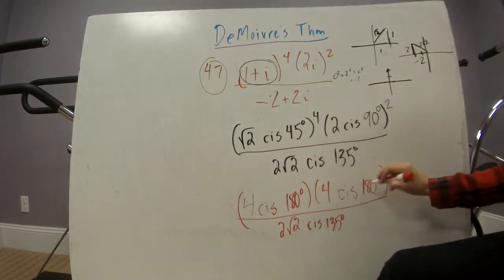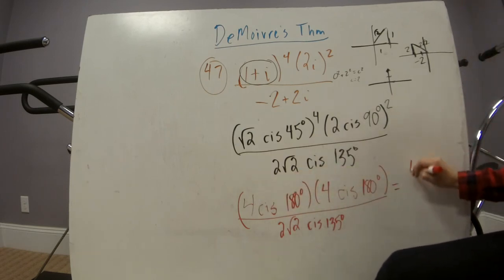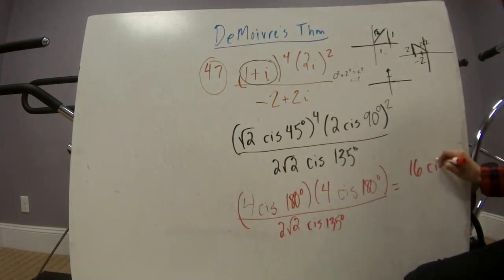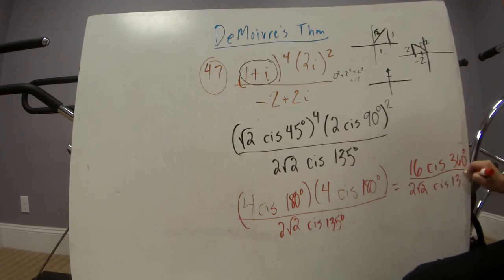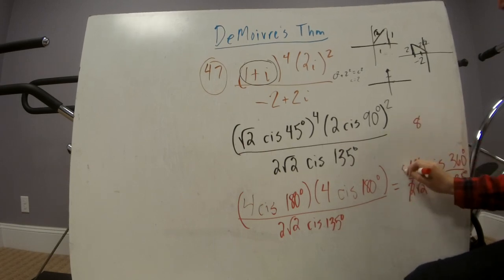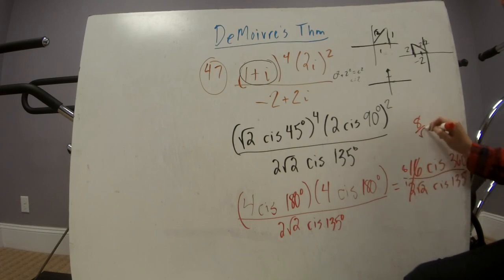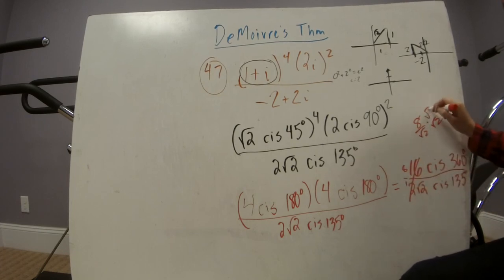Now we multiply the 4 times 4. So 4 times 4 is 16 cis. And add the angles, we get 360. Right, we're going to be dividing by 2 root 2 cis 135. Honestly, this one is going to be easier to subtract these, because dividing these, I can reduce this to 8 and 1, but I'm going to have 8 over root 2, which means I need to get the root 2 out of the bottom.